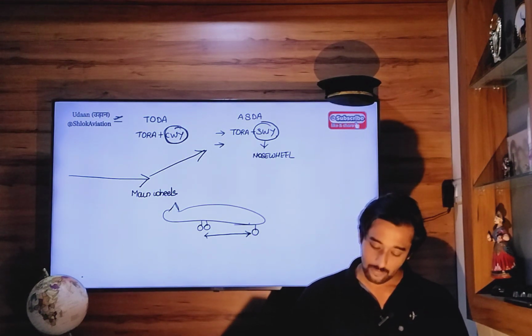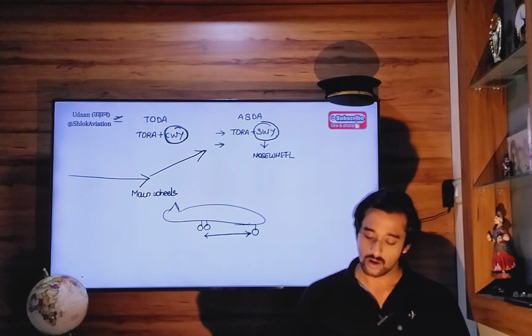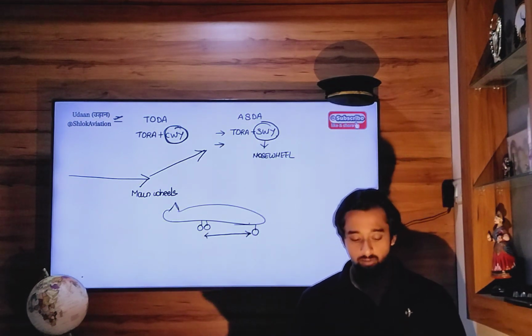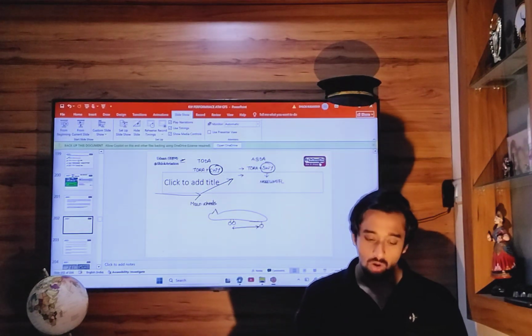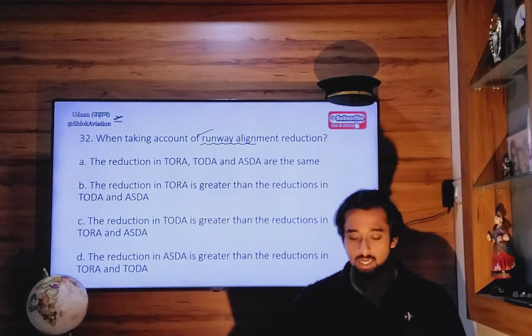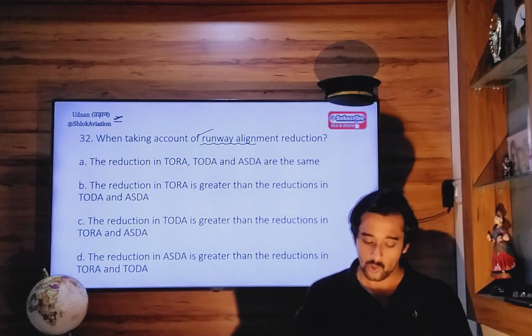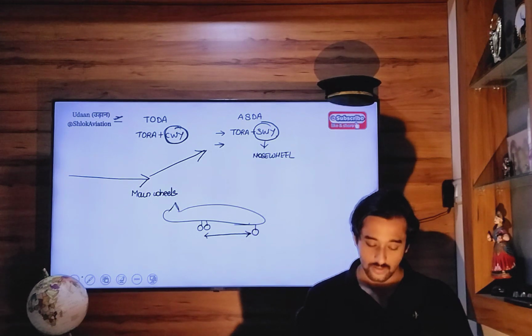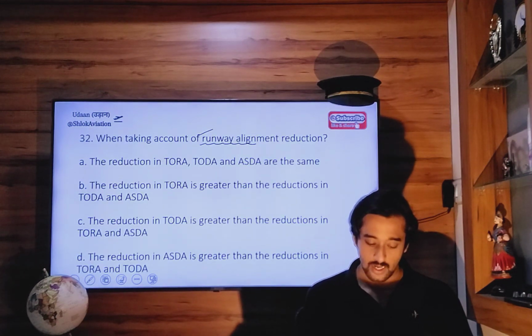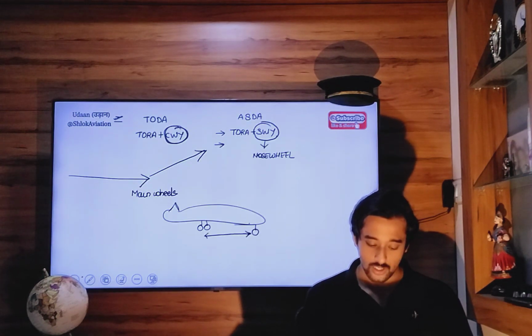So that's why the runway alignment reduction will be more for accelerate stop distance available compared to takeoff run available or takeoff distance available. Okay, so remember that option delta is the right option.